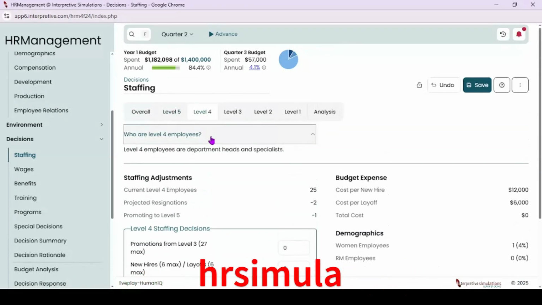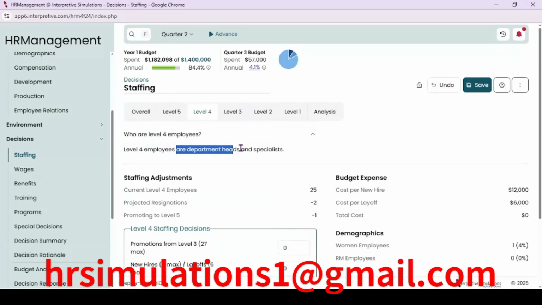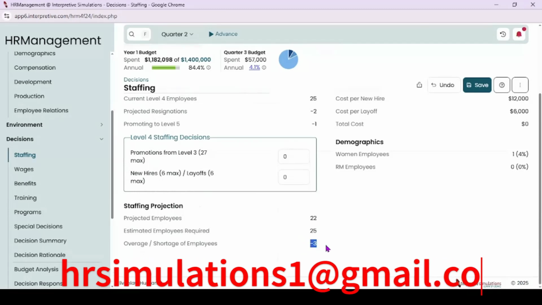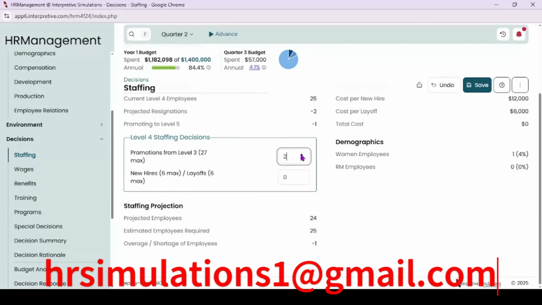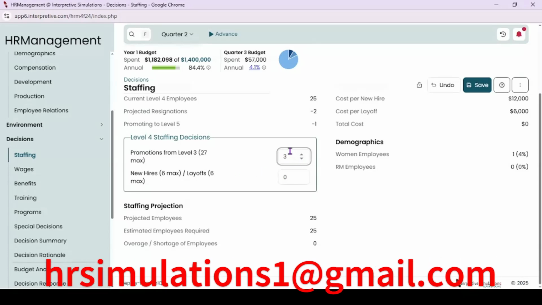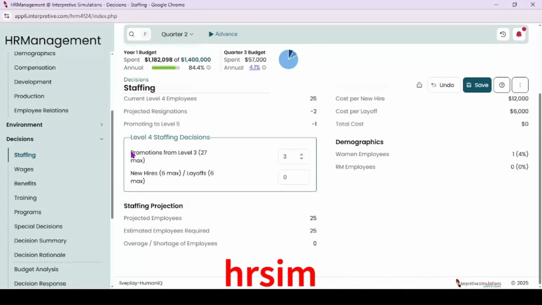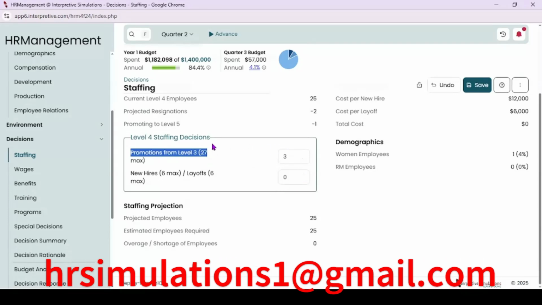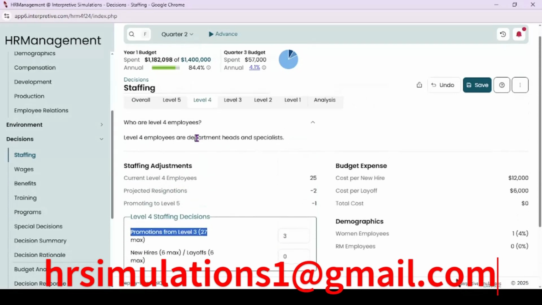Next, level 4. You need to know that these are the department heads and specialists in the company. You can see that we have a shortage of 3, so we are only going to promote. Promotion is actually cheaper than hiring, so we are going to promote 3 of them from level 3, so that they can fit into level 4 and become the department heads and specialists.